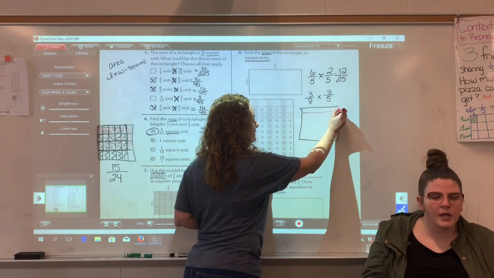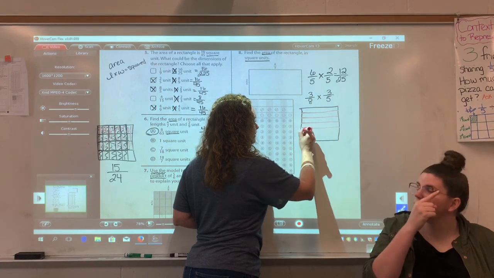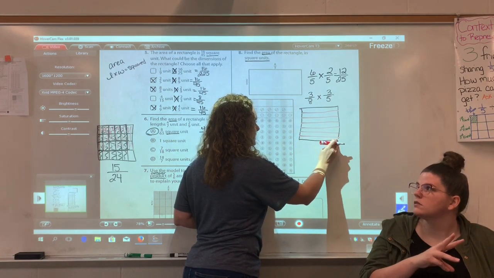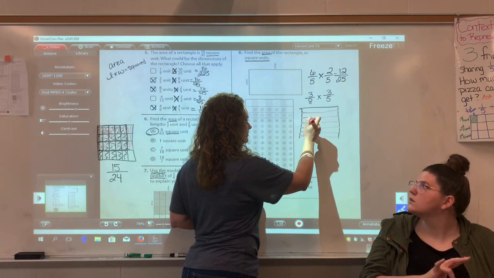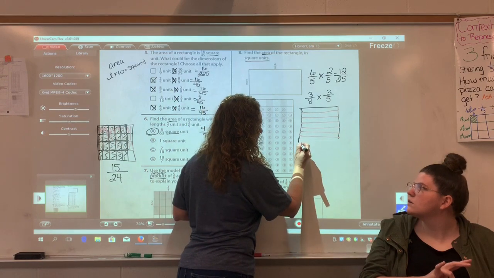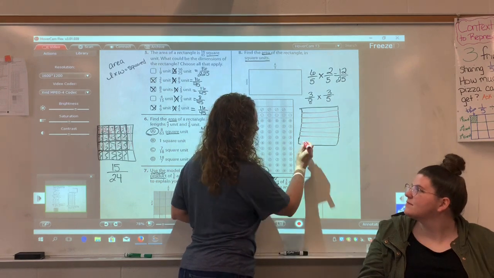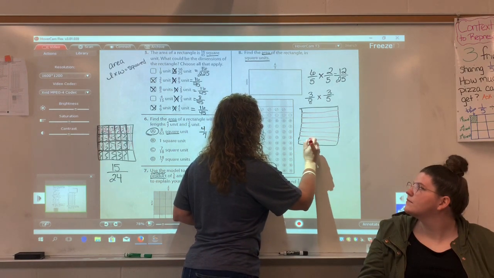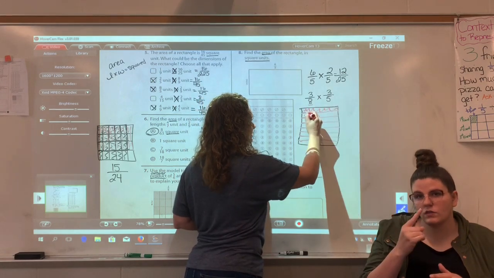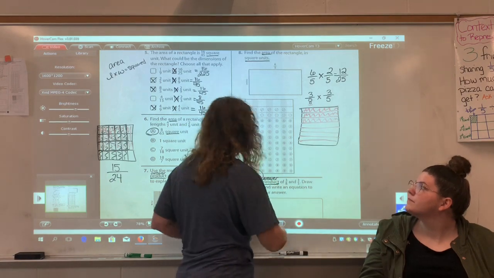So I have 1, 2, 3, 4, 5, 6, 7. Let me draw it big enough. Hold on. 8. Okay, so I divided it out by 8. I'm shading in 3. 1, 2, 3. Okay, that's my first one.